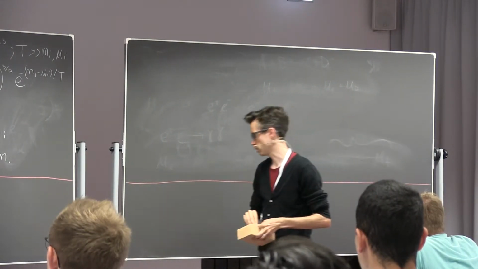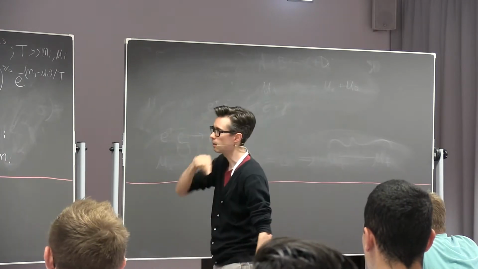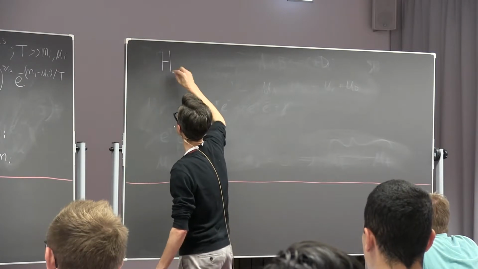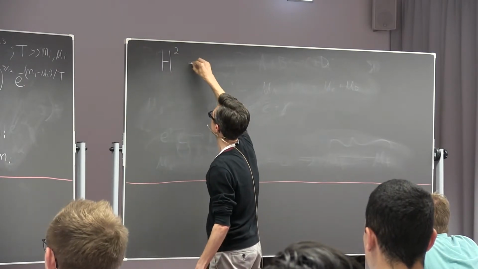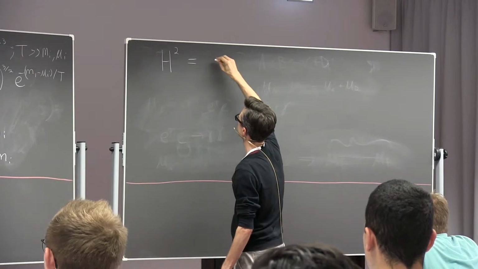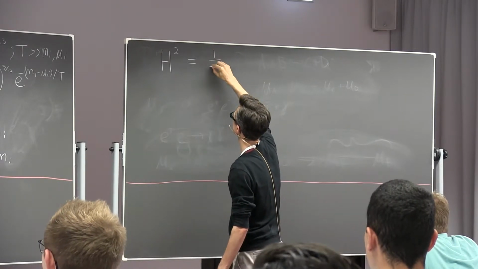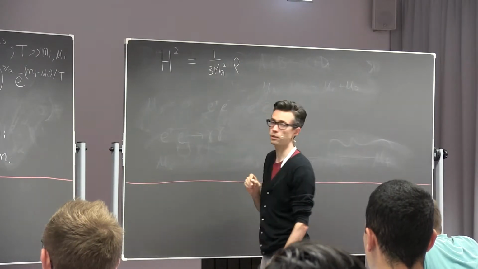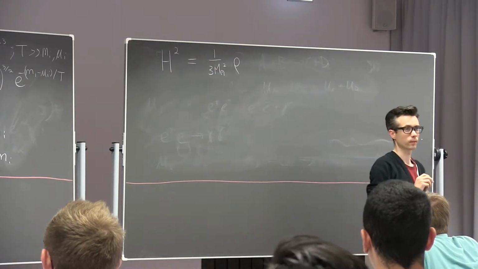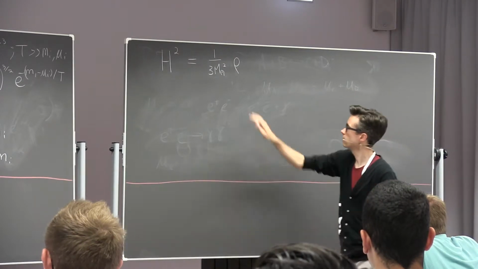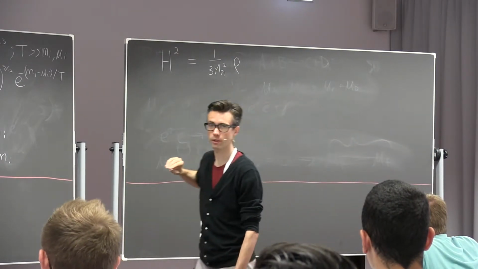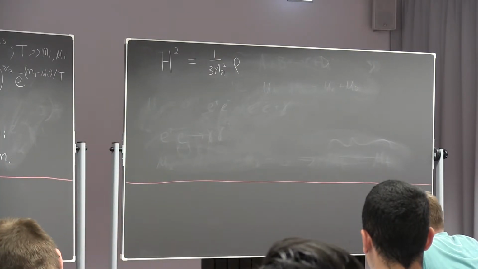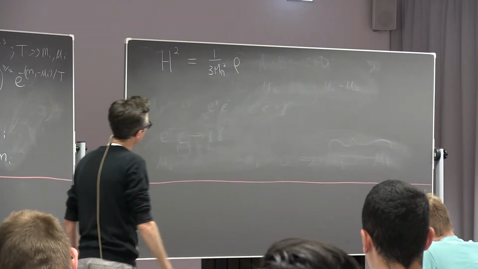Again, I think Matthias will talk about this tomorrow, but I just want to record it now to remind you. So remember, we have the Hubble relation in reduced Planck units: Hubble squared is the total energy density over 3 M Planck squared, where M Planck is the reduced Planck mass.